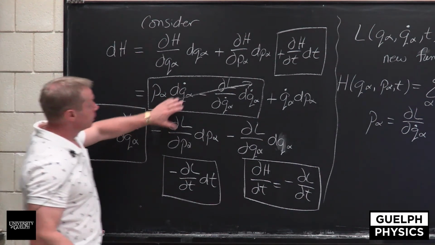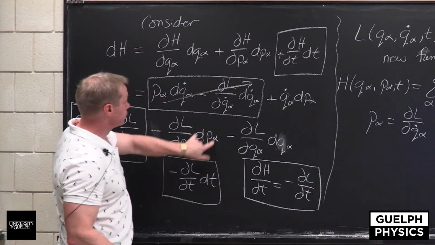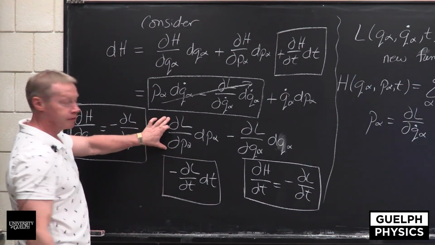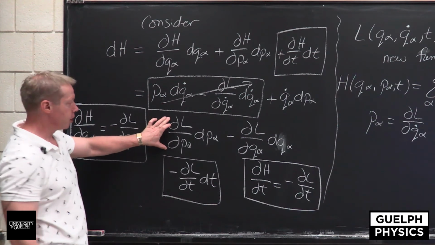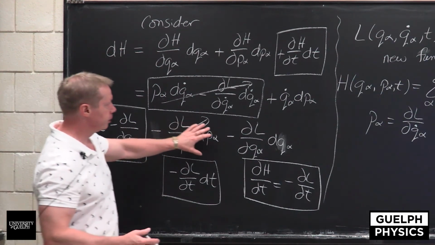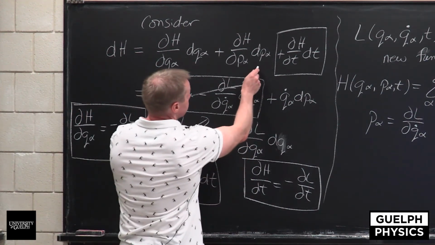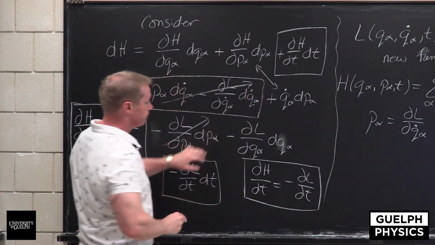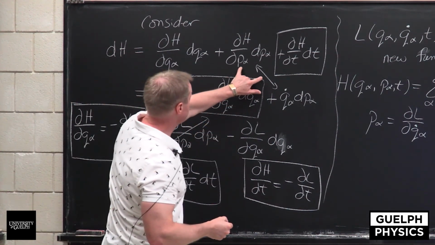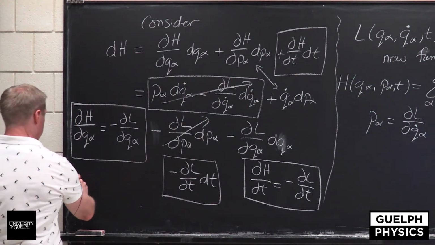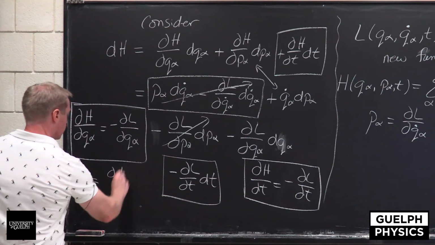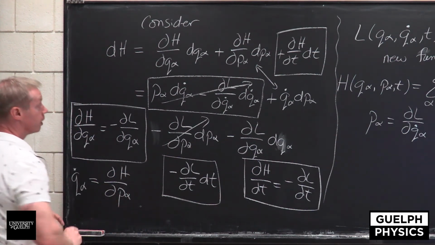So the term we have remaining involves dp alpha, but notice there's this partial derivative with respect to the momentum in the Lagrangian. And of course that vanishes because the Lagrangian does not depend on the momentum. So that implies that these two terms have to be equivalent. And so we then write down that q alpha dot is equal to dH by dp alpha.